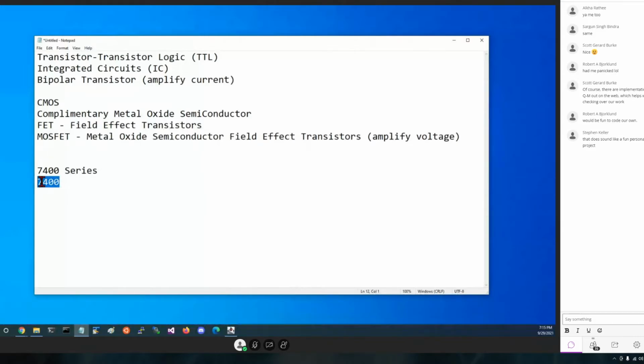The numbers we have left have 2 parts to them. There's really 3 parts here. There's 74, which means it's commercial TTL. There's also 54. We could have a 5400 chip, which is military.